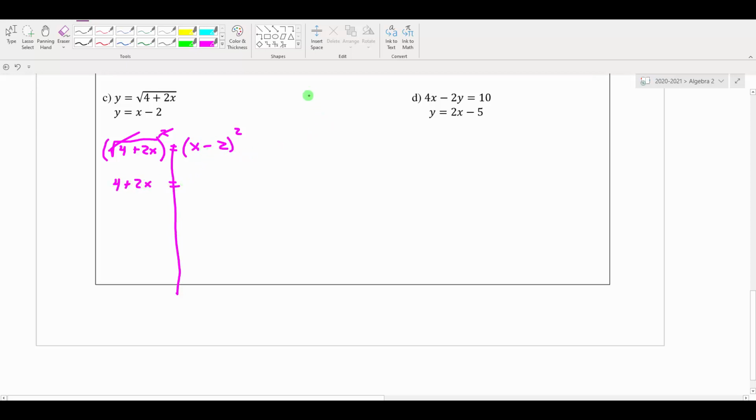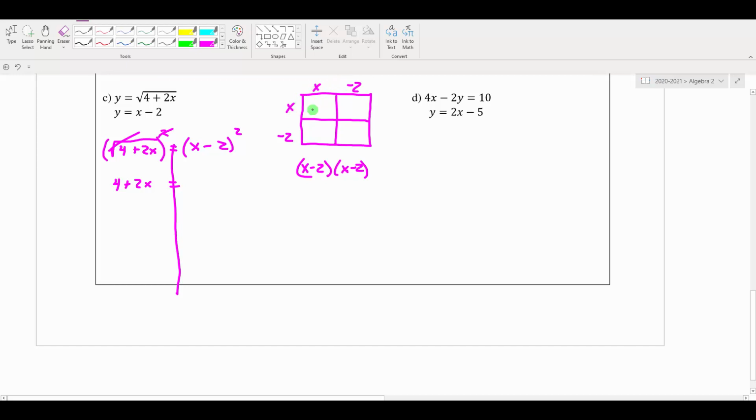Now over here, it's a little bit more complicated. I'm going to use a box to help me out with this, because x minus 2 squared is the same thing as saying x minus 2 times x minus 2. It's multiplying two binomials, so I'm going to set that multiplication up using my generic rectangle.